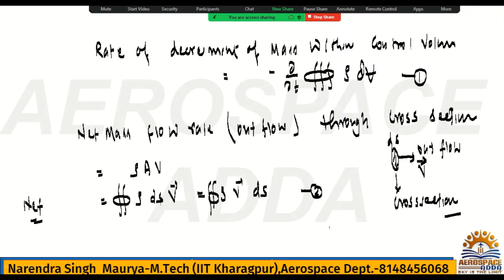Suppose this is the area, no? Where flow is going out, velocity vector v. So this area is what, scalar or vector? Any idea? Area is what, scalar or vector?